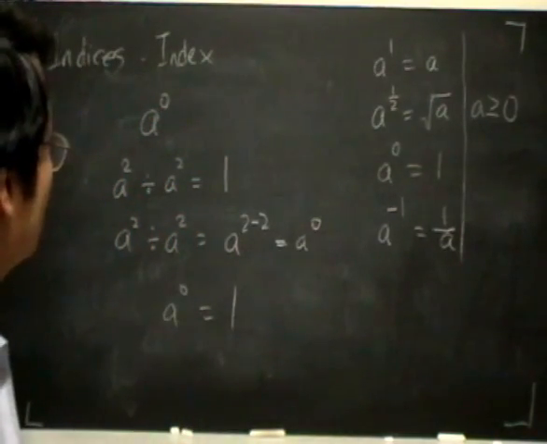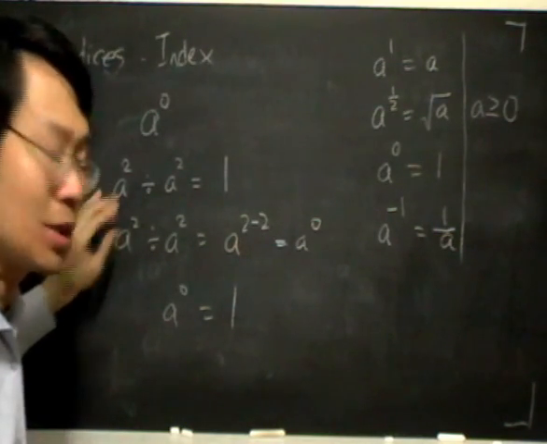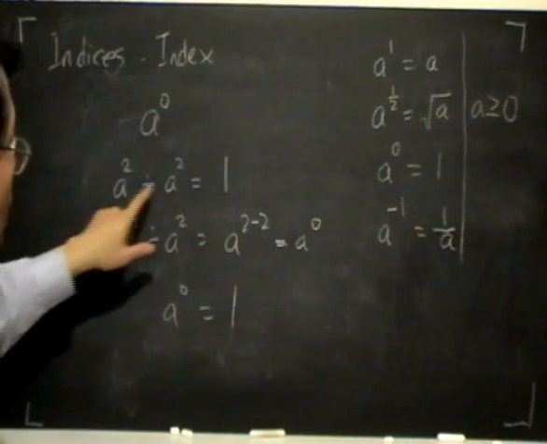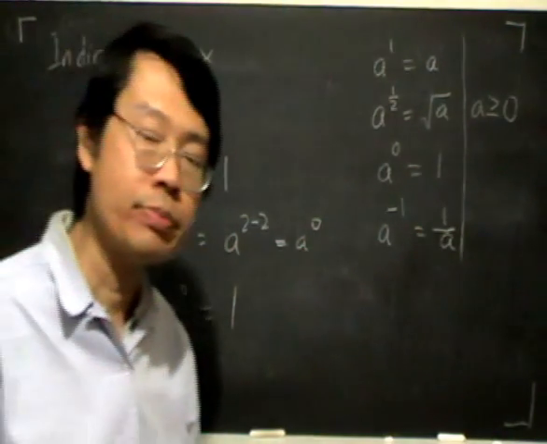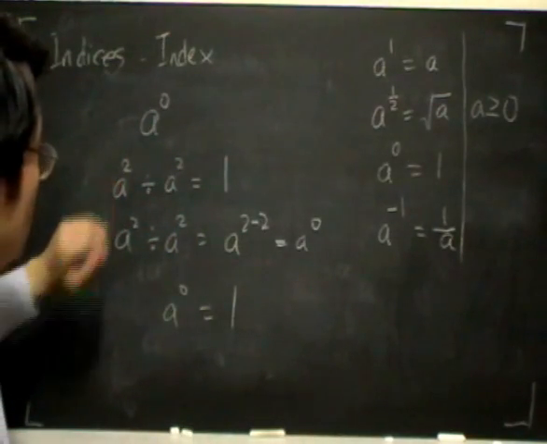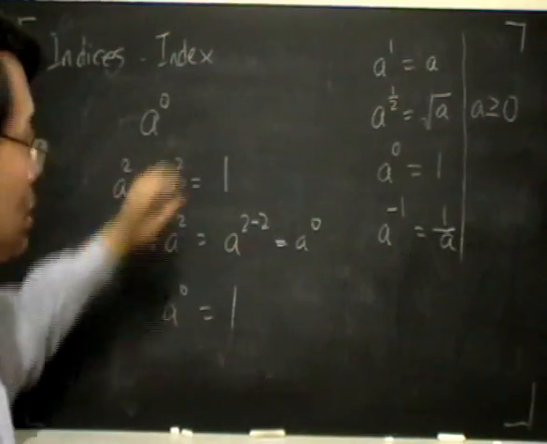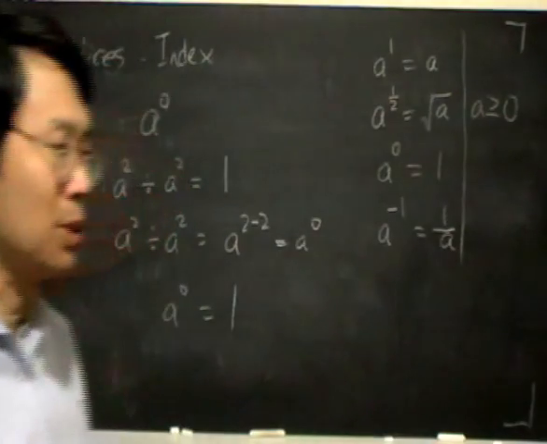Well, let's go back to our initial example where we have a squared divided by a squared to give 1. That's our starting point just now. Now we know that a squared divided by a squared is equal to 1 because a squared and a squared are the same numbers.